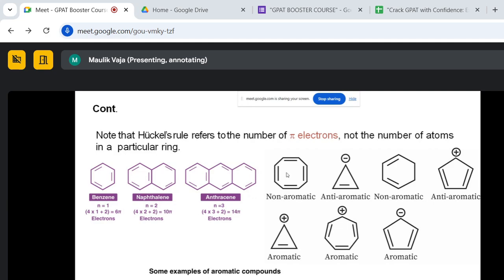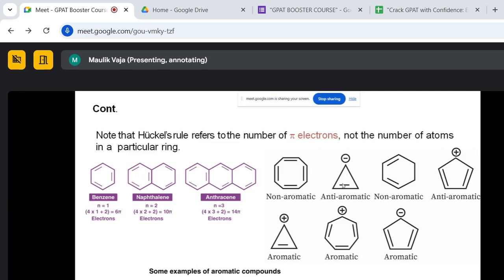Conjugation is also there, and if we count pi electrons, it has 8 pi electrons. So why anti-aromatic? Because it contains 8 pi electrons. It follows the other three requirements, but the fourth requirement, Huckel's rule, it is not following. It has 4n pi electrons, and that's why it becomes anti-aromatic.